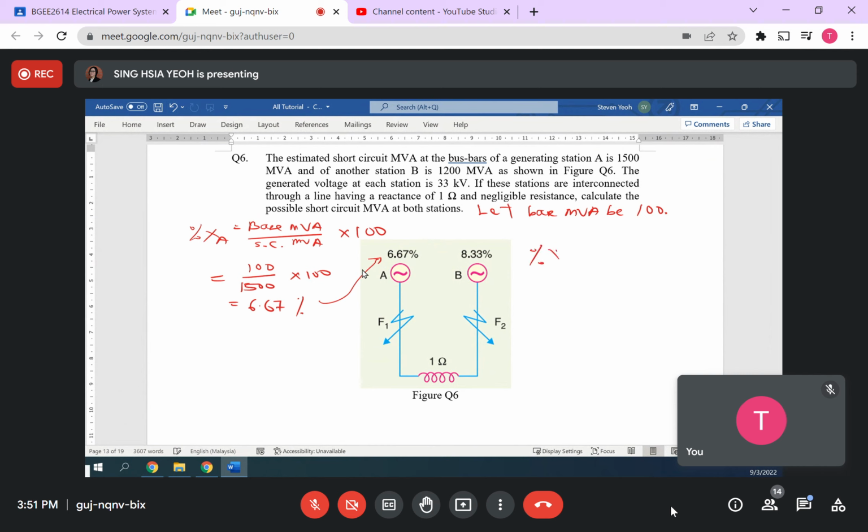You have percent XB equals to 100 divided by 1200 times 100, so you have 8.33%, which is here. Any question?